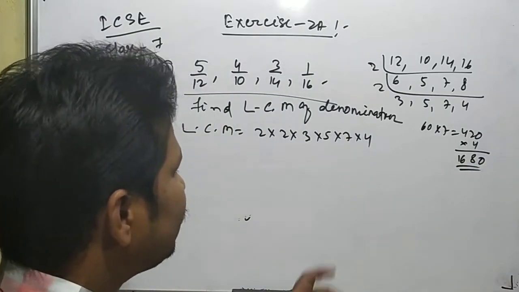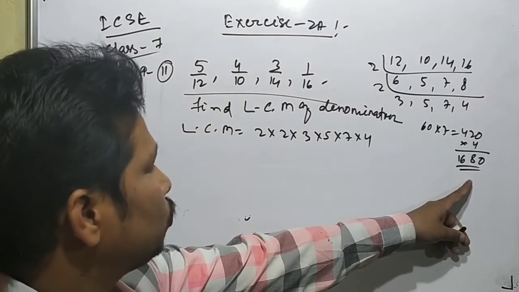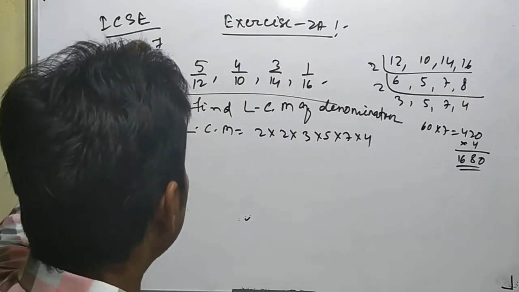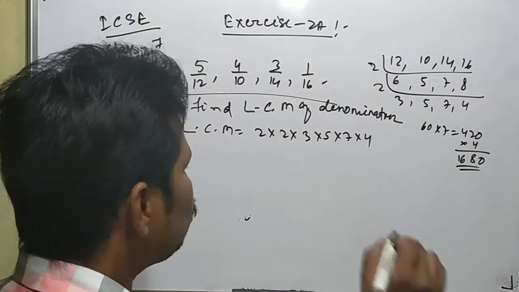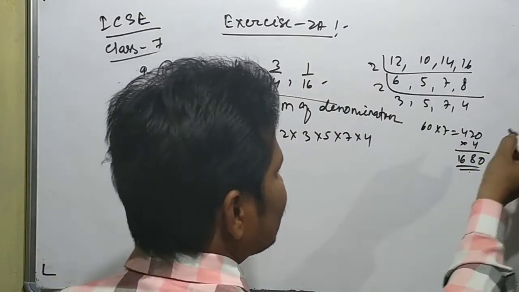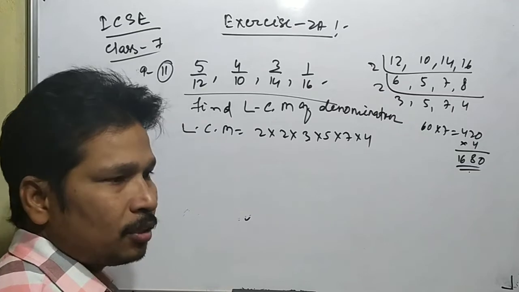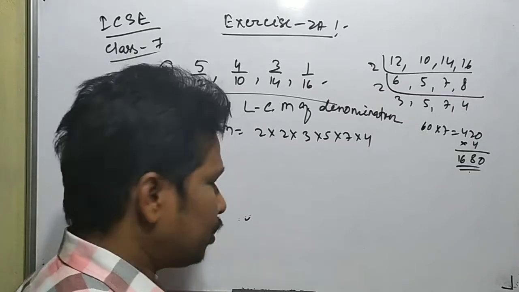So now the LCM is 1680. Now we have to make equivalent fractions of all the given fractions whose denominator is 1680. It is also known as making the same denominator.